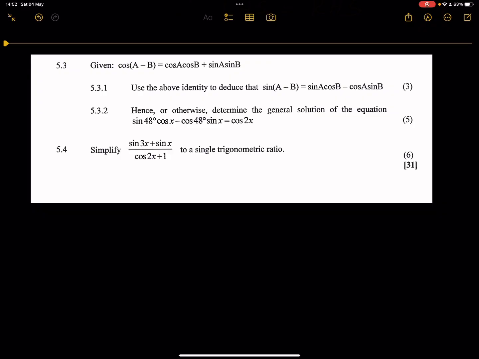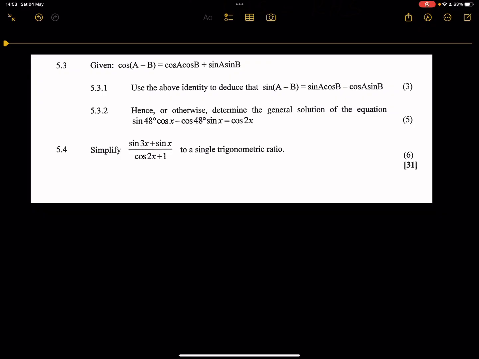They say given that you've got cos of a minus b is equal to cos a cos b plus sine a sine b, use the above identity to deduce that sine of a minus b is equal to sine a cos b minus cos a sine b.